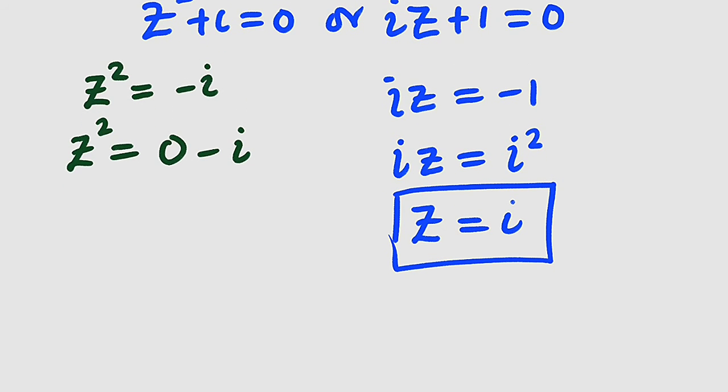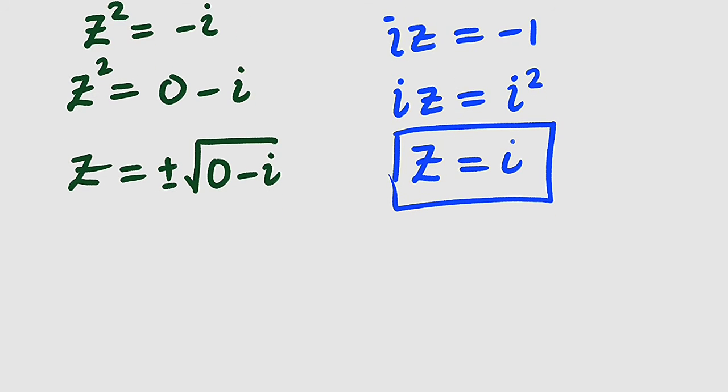So what do we do next? We take the square root of both sides. We have z equal to plus or minus the square root of 0 minus i. And square root can be written as what? An exponent of 1 over 2. This is equal to plus or minus 0 minus i raised to the power of 1 over 2.